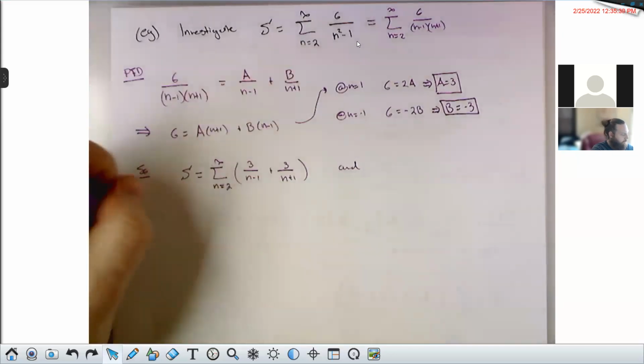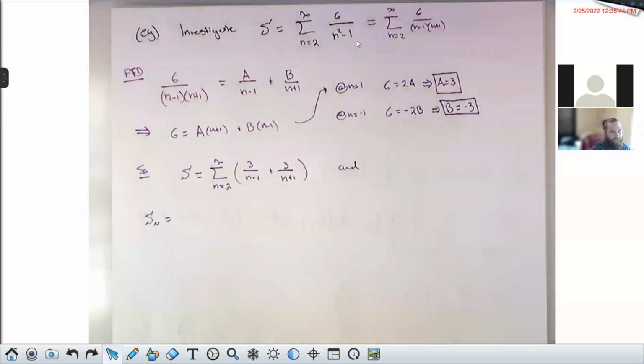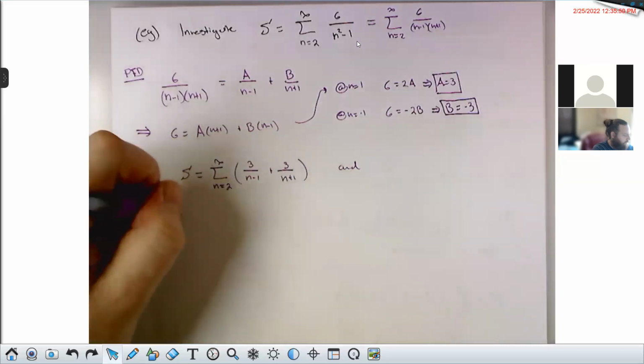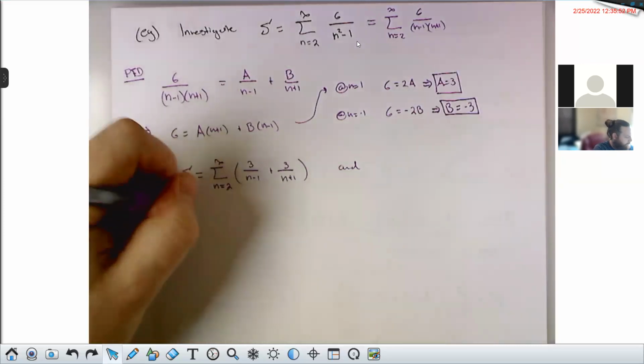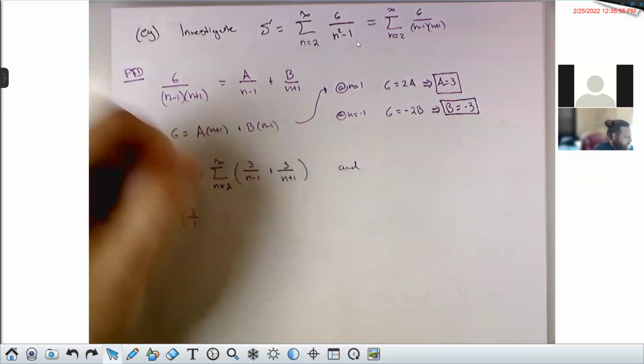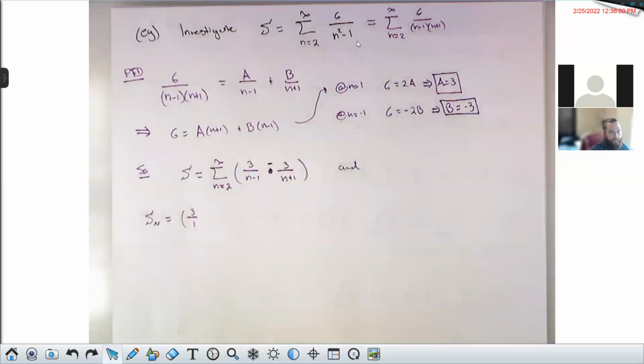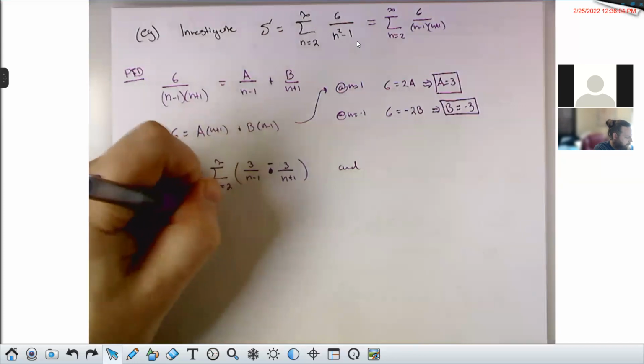And this guy has partial sums, S_N equals, we'll write out a few terms. So it'll be the sum from 2 to N. So the little n equals 2 term is 3 over 2 minus 1, which is 1. Oh, sorry, this is minus here. Minus 3 over 2 plus 1, which is minus 3 over 3.